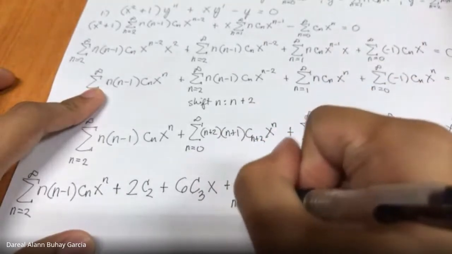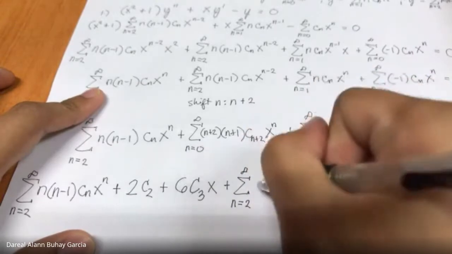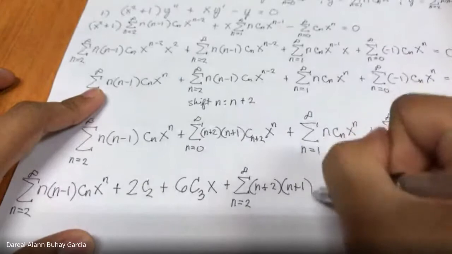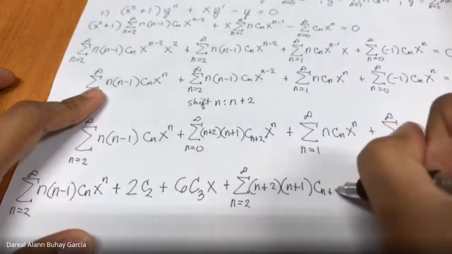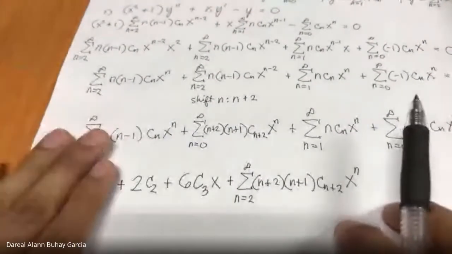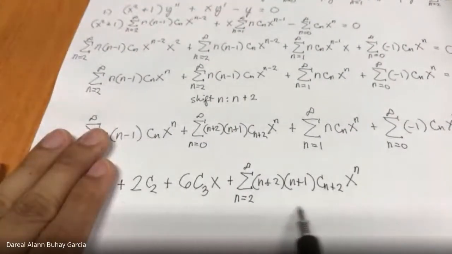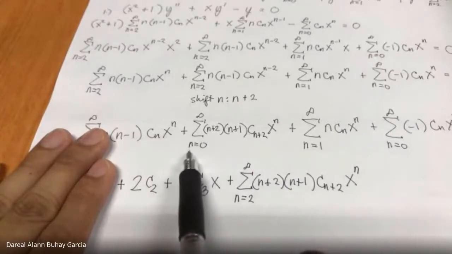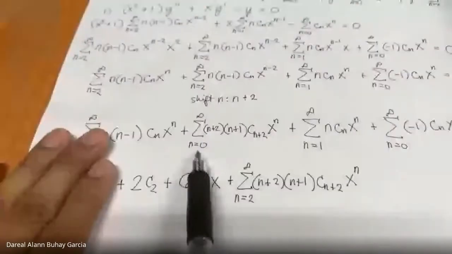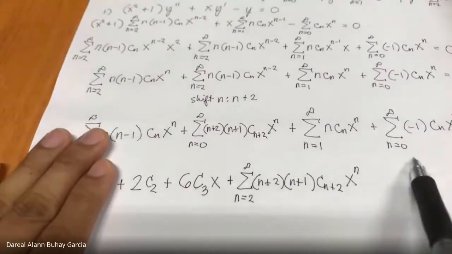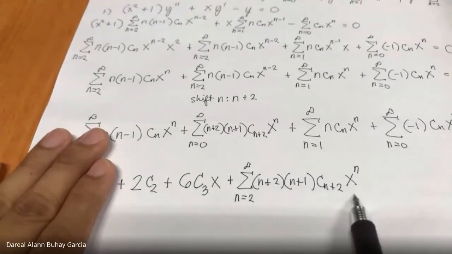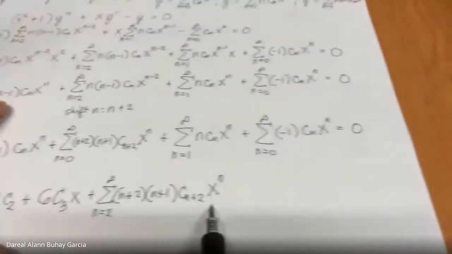Summation at n is equal to 2 to infinity of this same function. Okay. So technically, pareha lang no? Kani siya, kani sila tanan, ug kani, pareha ra. Okay. So this involves from 0 to 1 to 2 to 3, so on and so forth. So mani iyang 0, mani iyang 1, ang sugod tag 2. Okay. So I hope that's clear.